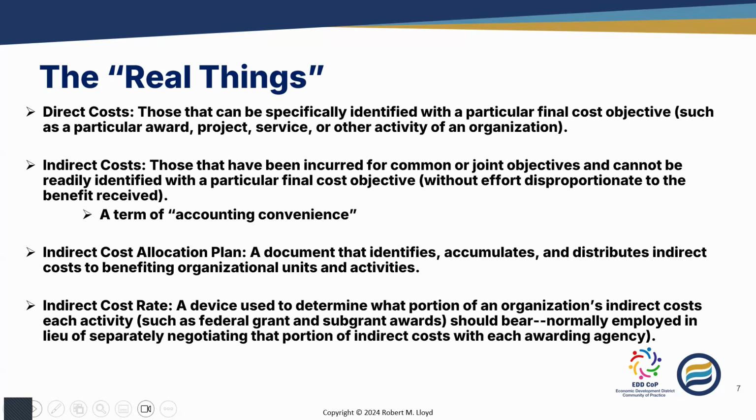Translated, it's too much trouble to directly charge it. So one of the focuses here is that indirect costs are really a term of accounting convenience. We charge something indirectly because it's too much trouble to distribute it to multiple activities or to exclusively charge it to a particular objective.